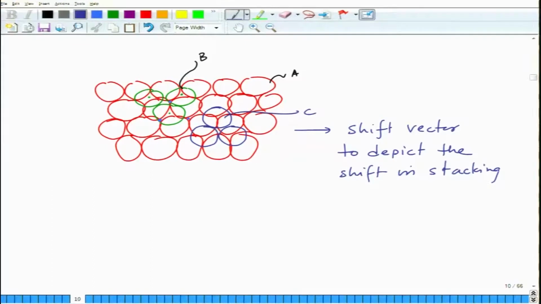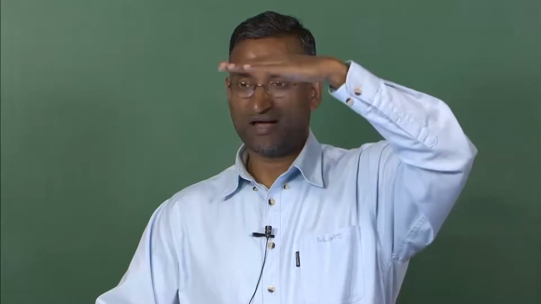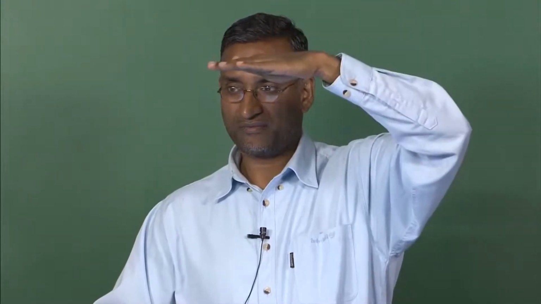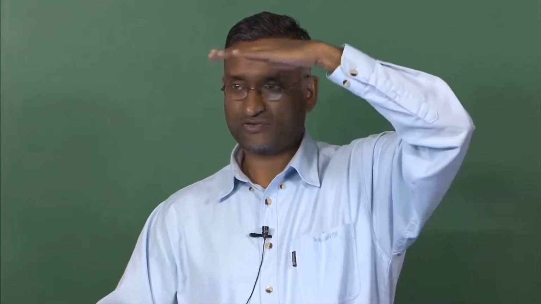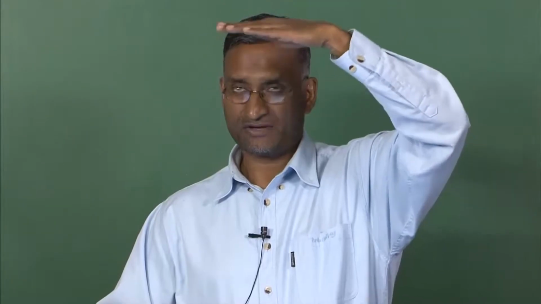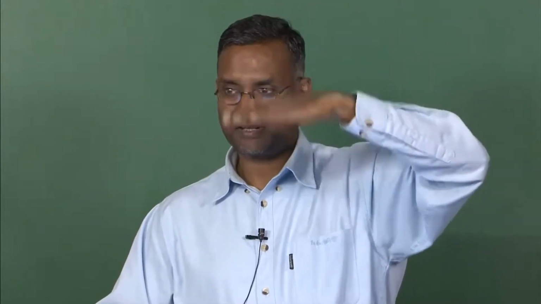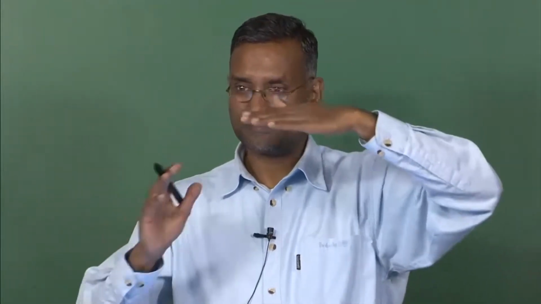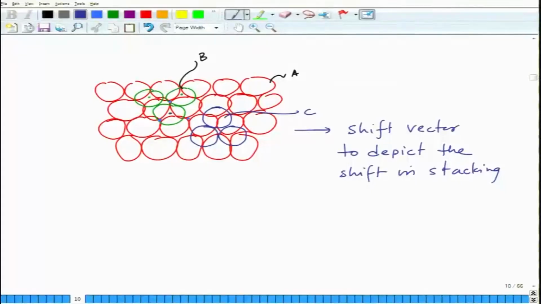So you are going from A, B, C, then you have A, B, A, B. Okay. So the moment you go from A to B, the B is shifted with respect to C layer, right. So there is a shift vector. So this shift vector will go from this side to that side. This is the shift vector.